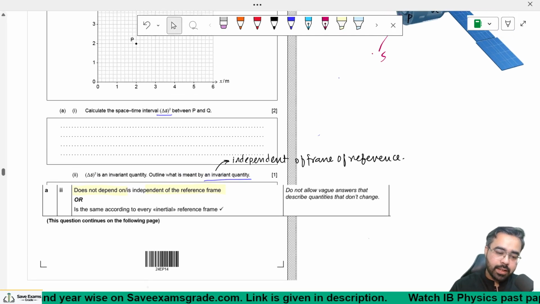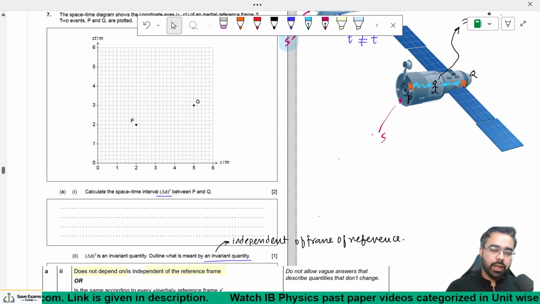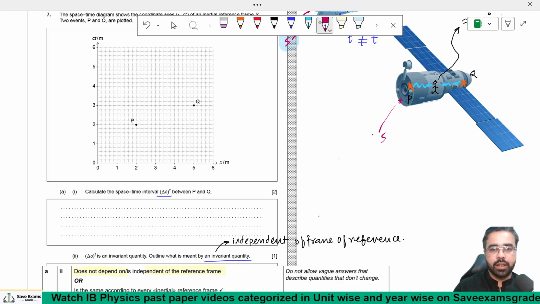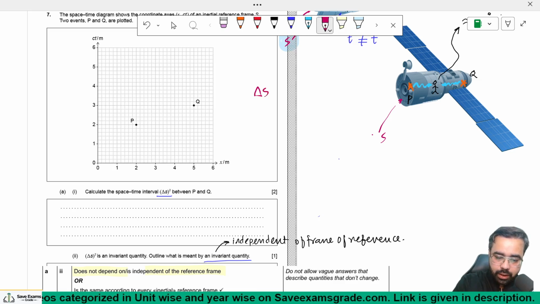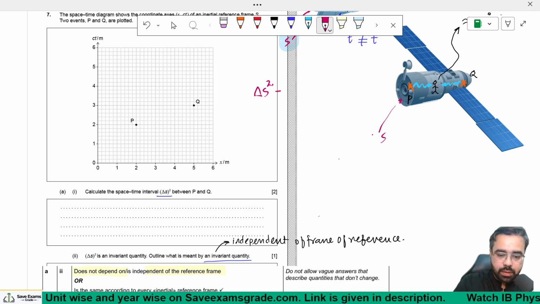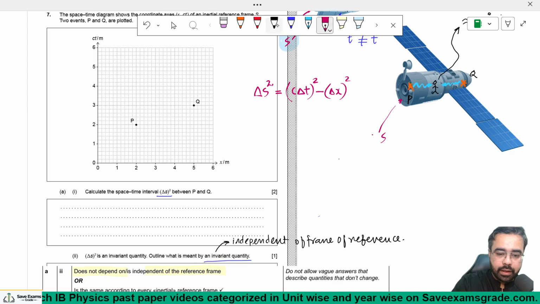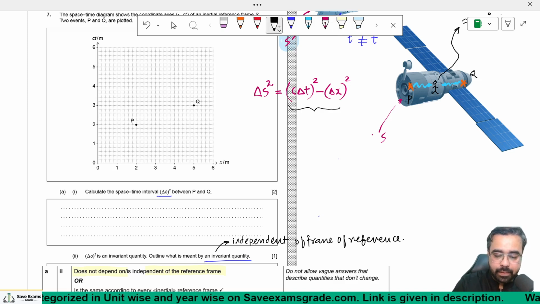Now let's calculate this delta S square. I have explained the one thing, but we can prove it mathematically, because the quantity that is invariant, just like the speed of light, this delta S square never changes. Delta S square is basically equal to c delta t square minus delta x square. If any quantity is invariant, then you can prove this by calculating this side.